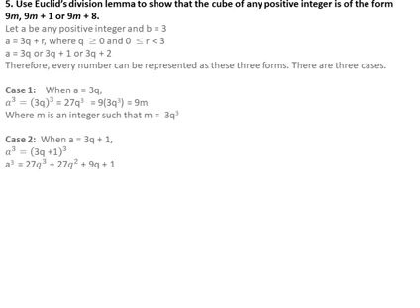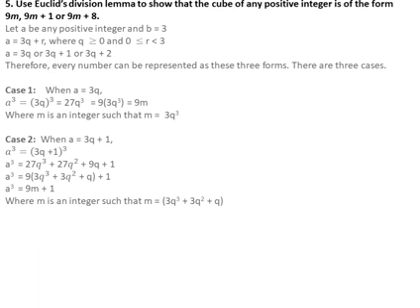Here, in the first 3 terms we will take 9 as common. If I take 9 as common, a cube = 9(3q cube + 3q square + q) + 1. I will assume 3q cube + 3q square + q as m. Therefore, a cube = 9m + 1.